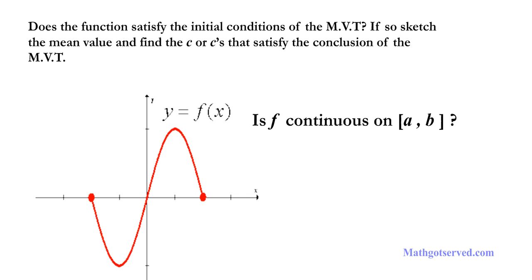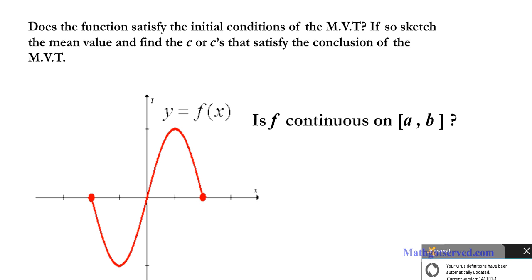All right, let's take a look at this example. Does the function satisfy the initial conditions of the mean value theorem? If so, sketch the mean value and find the C or C's that satisfy the conclusion of the mean value theorem.